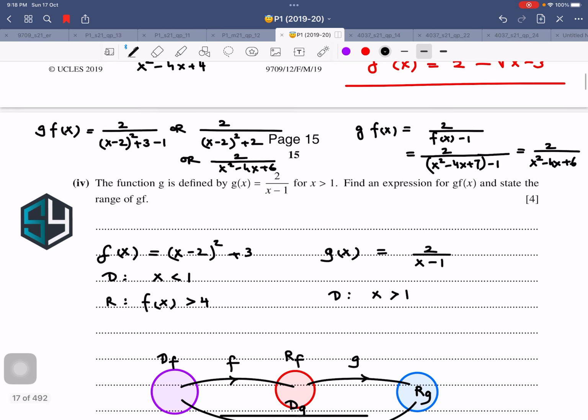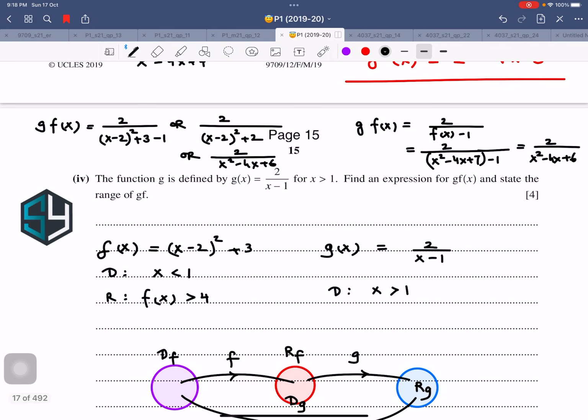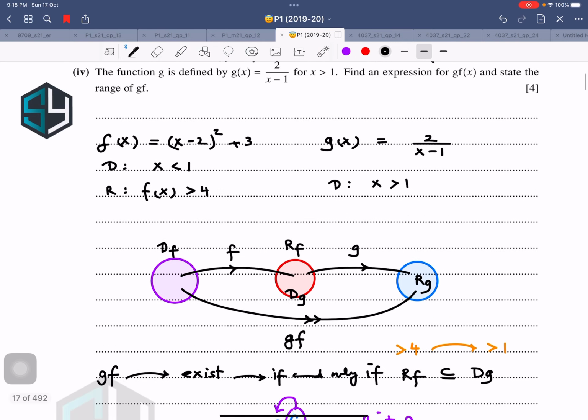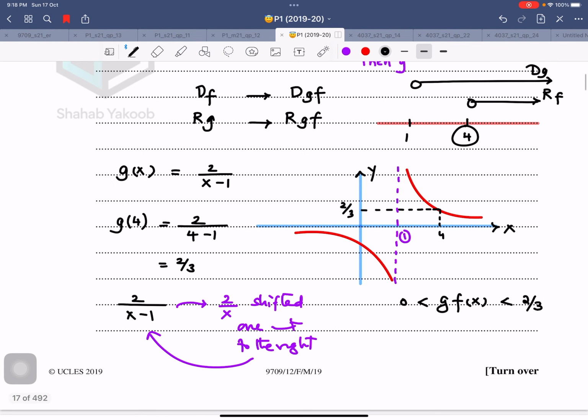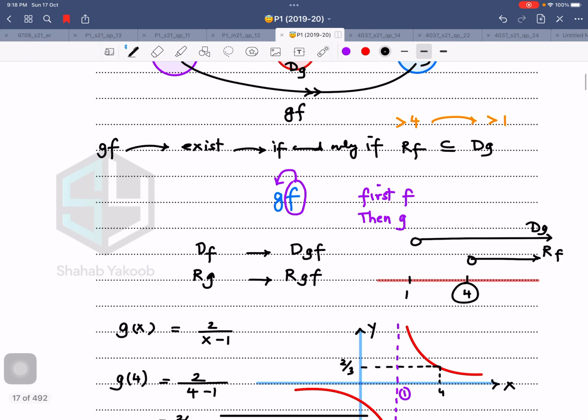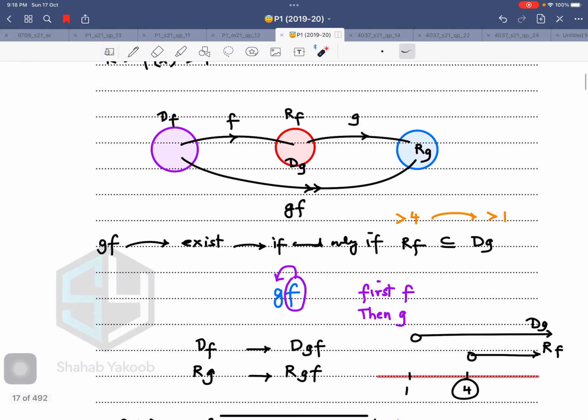But you cannot get the range out of this particular form. Well, it won't be easy for the P1 people, because then you have to factorize it and it would be some strange kind of a graph. So the better method is, yes, use the transformation of function, take help from the graph a bit, take help from the idea that the composite function will exist, what is the condition, what should be the domain.